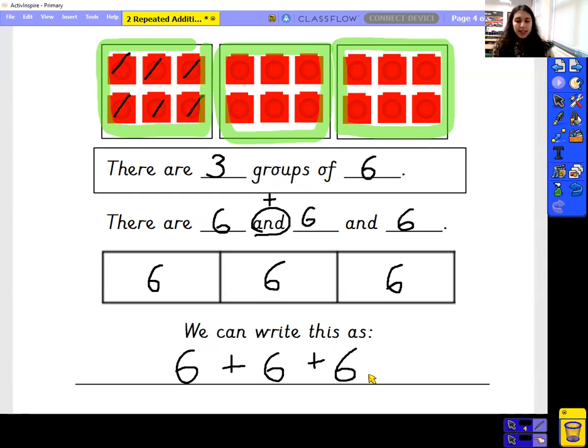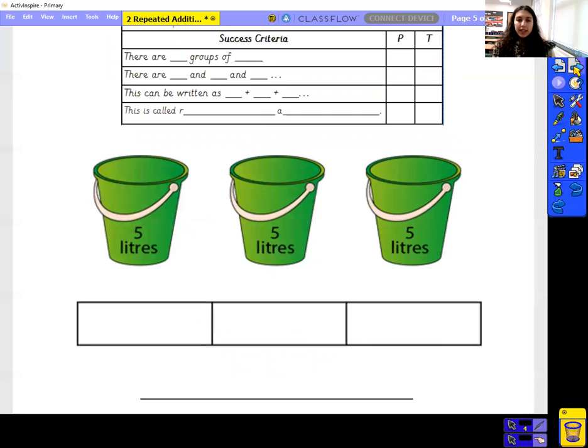Again, if you need some more thinking time, you can pause the video. If you're ready to hear the answer, the reason we've got 3 6s in our addition is because there are 3 groups up here. So each 6 is representing the 6 counters in one of my groups. Let's have a look here then.